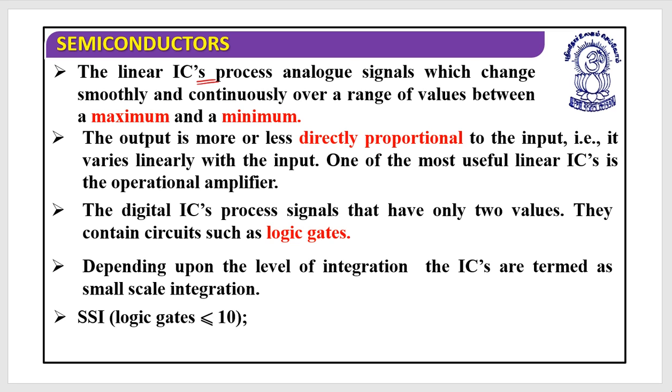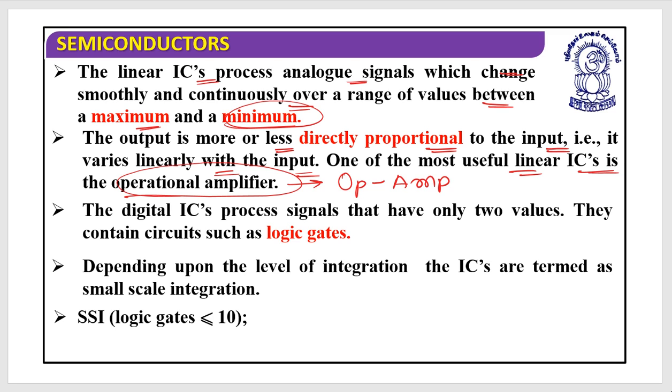The linear ICs process analog signals, which change smoothly and continuously over a range of values between a maximum and minimum, and the output is more or less directly proportional to the input, so it varies linearly with the input. One of the most useful linear ICs is the operational amplifier, generally called the op-amp. Yes, the 741 is an op-amp.